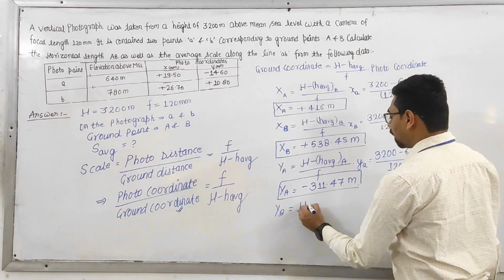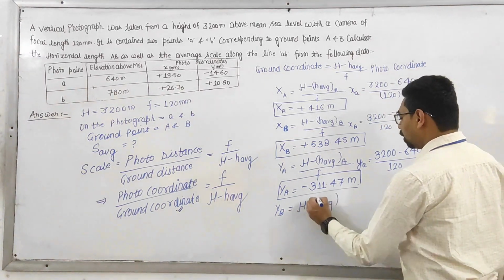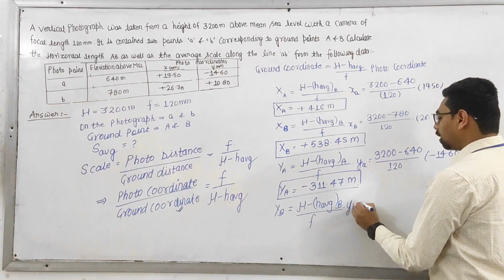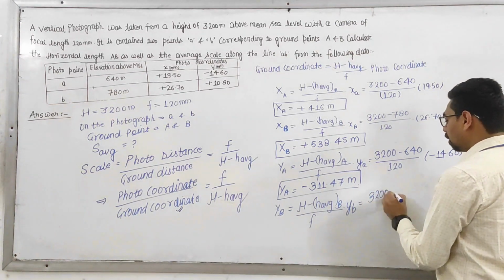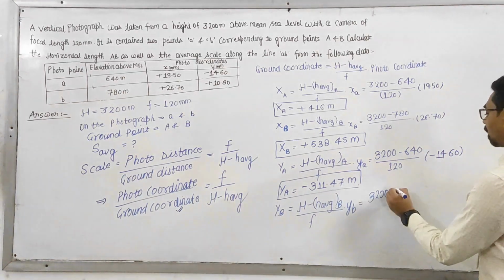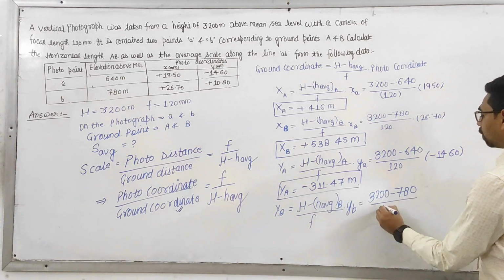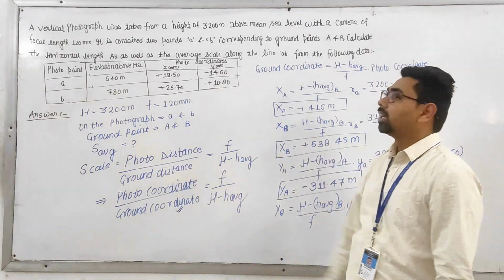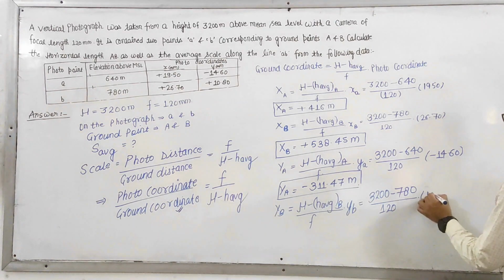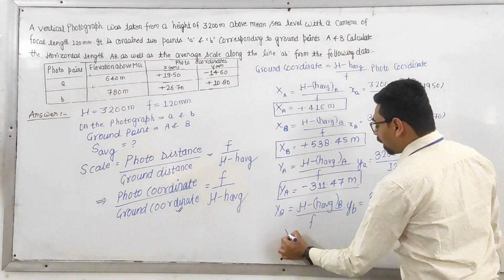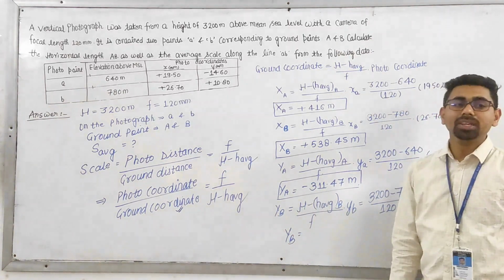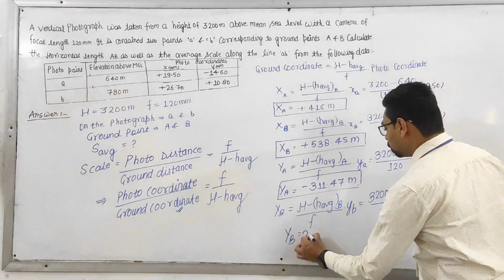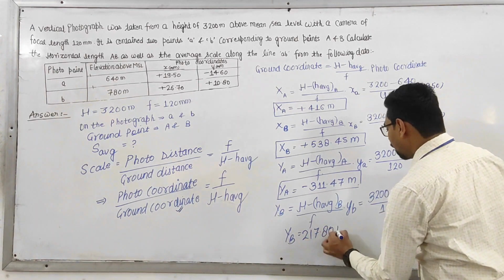It will be H minus h average of B divided by focal length into photo coordinate of B. That is 3200 minus h average of B, 780 meter, divided by focal length of 120 mm, having a Y coordinate of B of 10.80, and we get YB, the ground coordinate of B. It will be 217.80 meter.